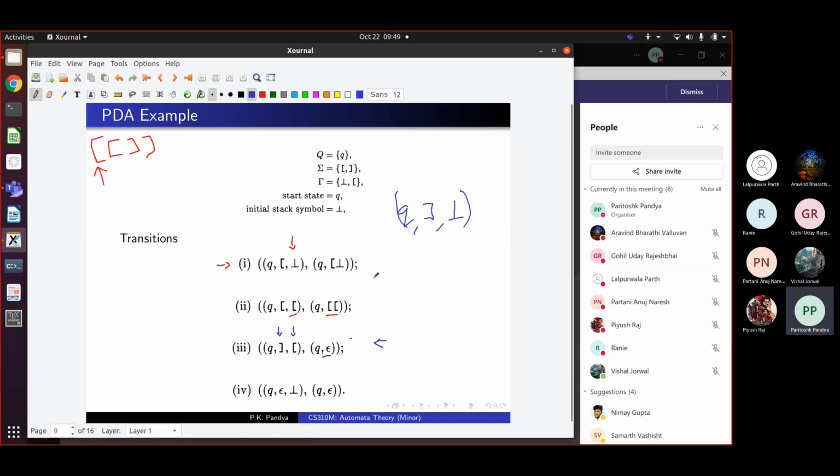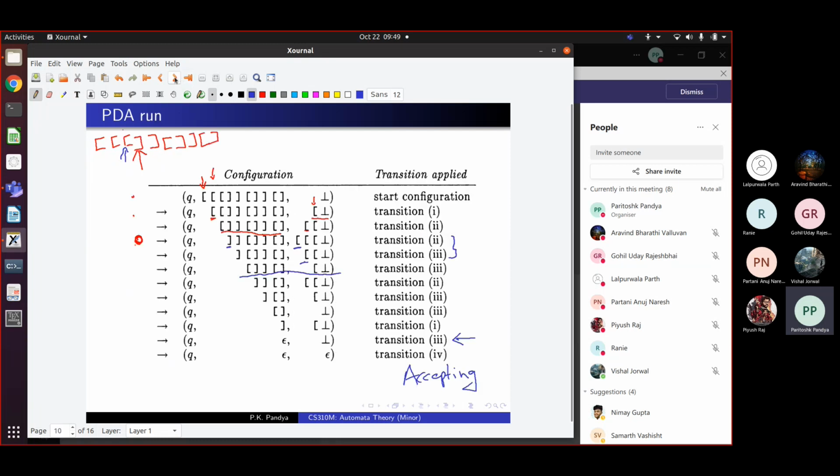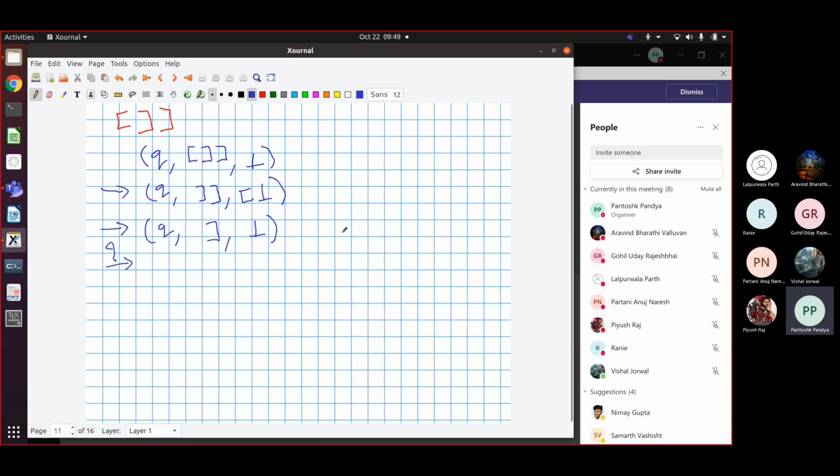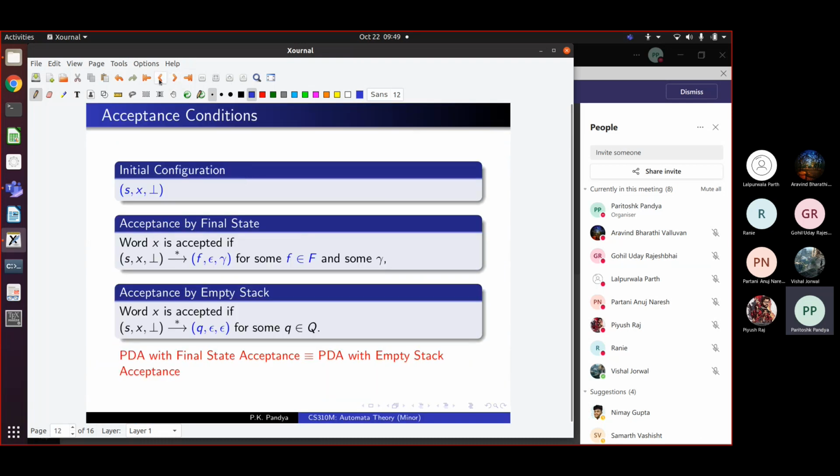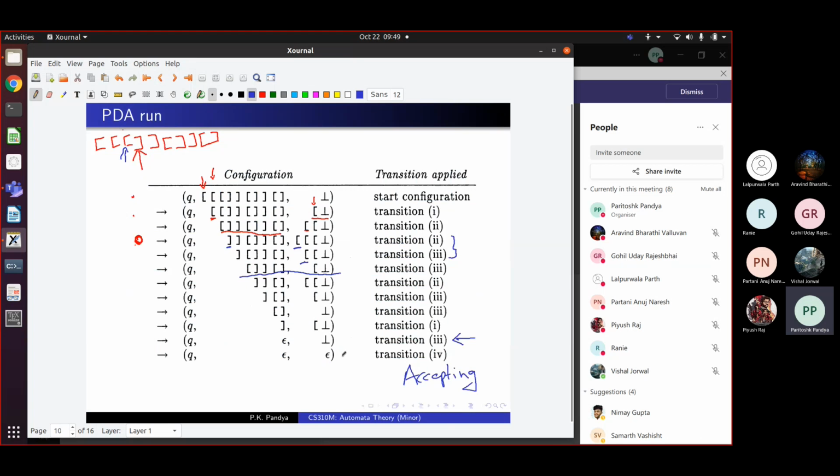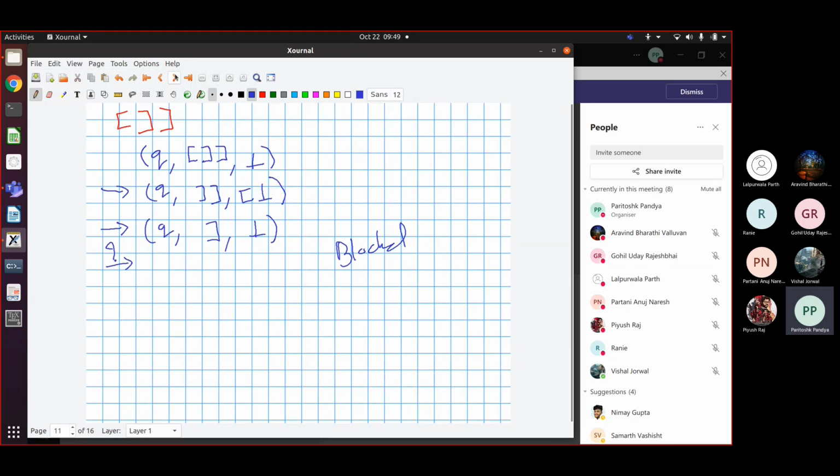Do you agree? So our automaton will get stuck. It will deadlock. It will get blocked, so it will never reach this accepting configuration, where both the components are epsilon, and this word will be rejected.